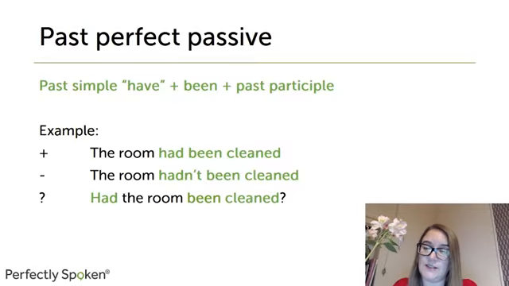A positive sentence is: the room had been cleaned. Negative: the room hadn't been cleaned. And question: had the room been cleaned? Again, please pause the slide and make a note of how you form the past perfect passive.